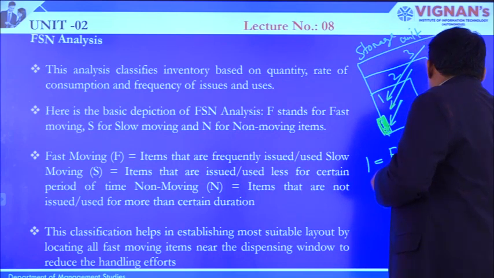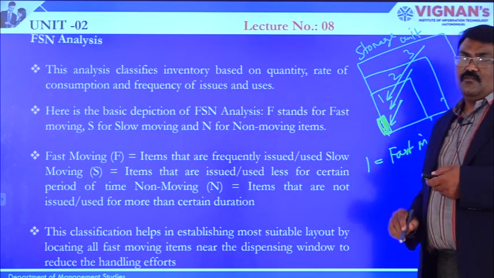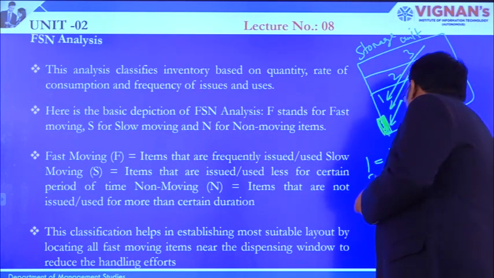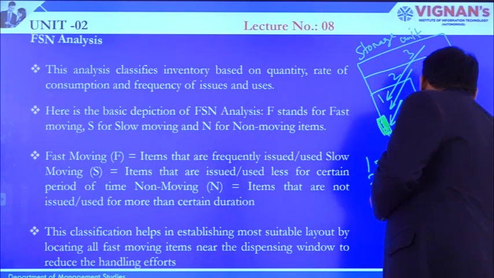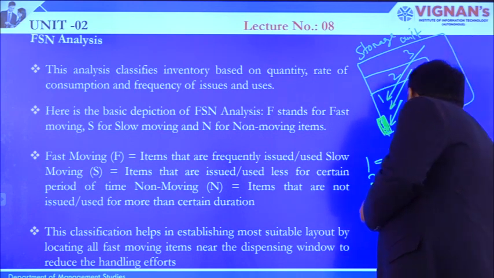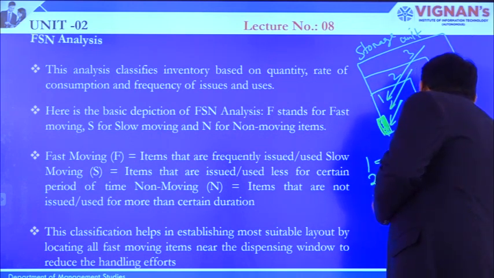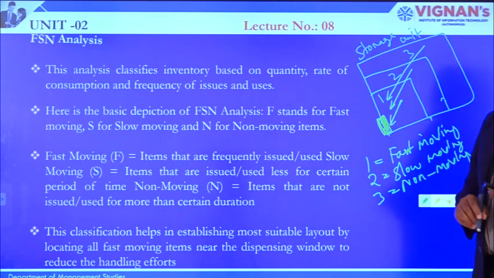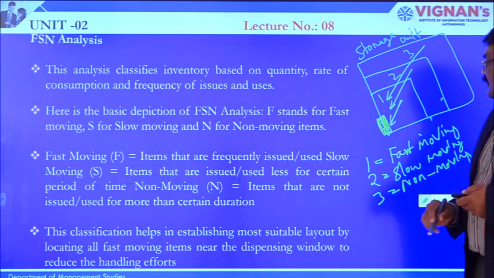One will be placed with fast moving raw material, two will be placed with slow moving raw material, and three will be placed with non moving raw material, right.